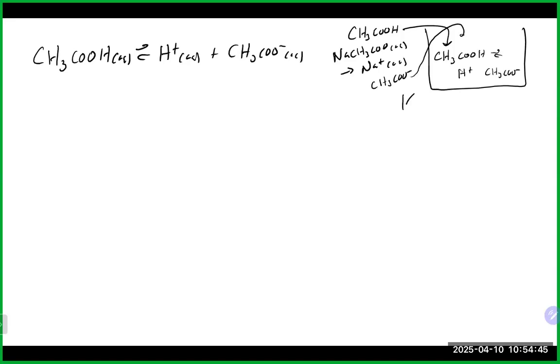It is still the same Ka value that we used previously for acetic acid. Initially here, we will have our 0.2 molar. We will have 0.